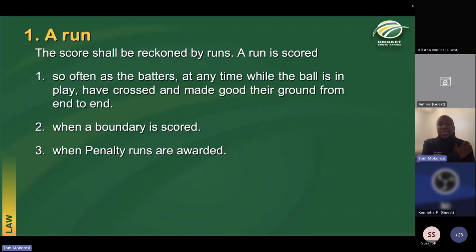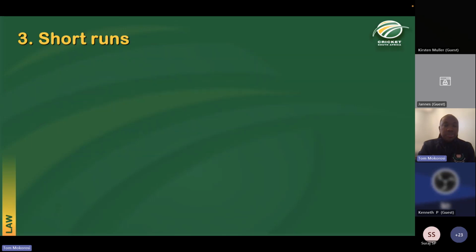And if it's 5 penalty runs to the fielding side, you merely hold your opposite shoulder. Okay? So when it's the 5 penalty runs awarded to the batting side, you tap your opposite shoulder. 5 penalty runs awarded to the fielding side, you hold your opposite shoulder. We will see a video where Murray Rasmus awards 5 penalty runs to the fielding side. We'll see how he signals that particular signal.